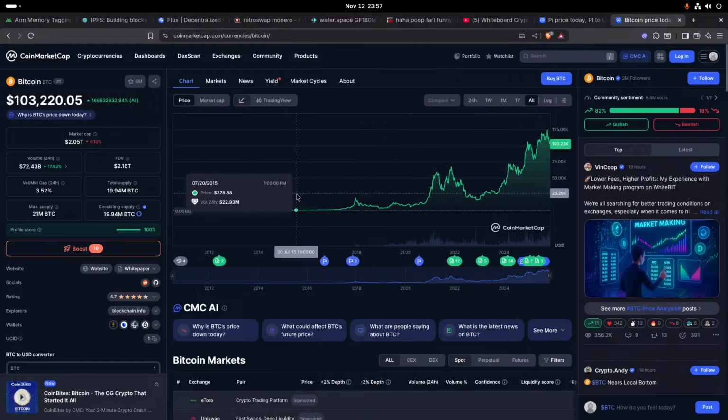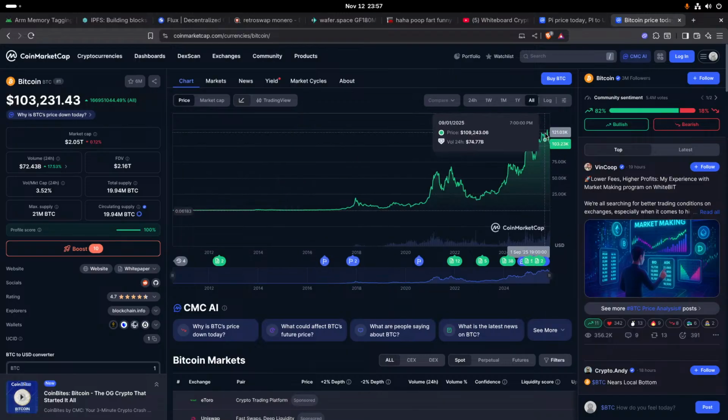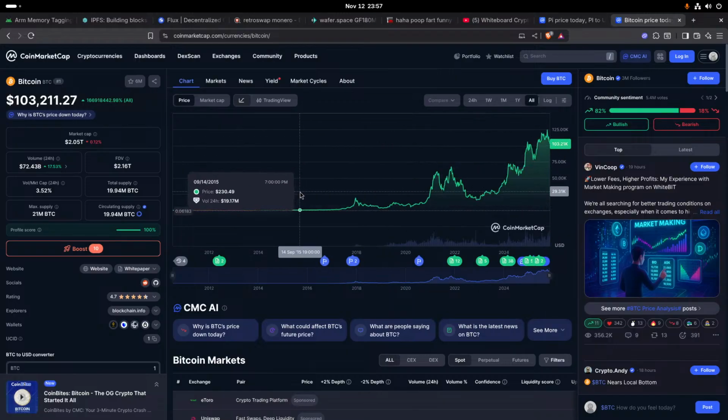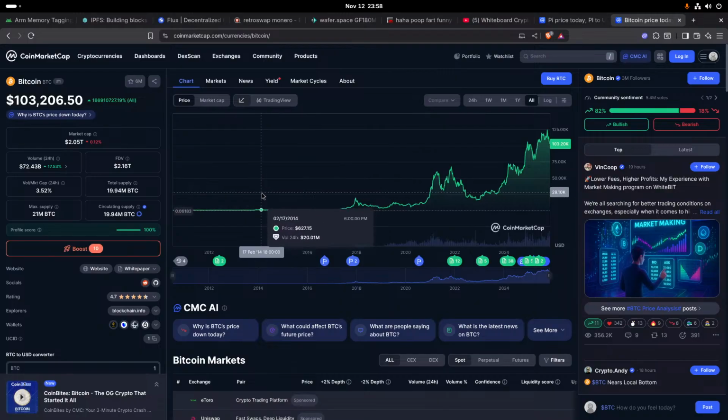If you would have bought one Bitcoin, you would have made $100,000 in only about 10 years. Oh wait, JK. You guys could have bought a lot in 2012.